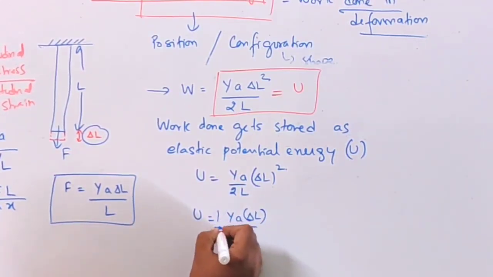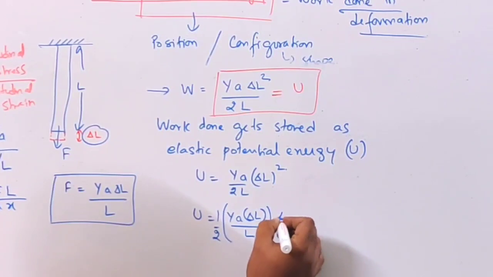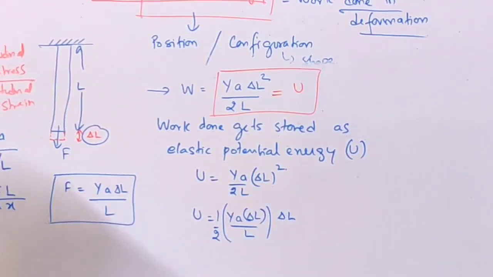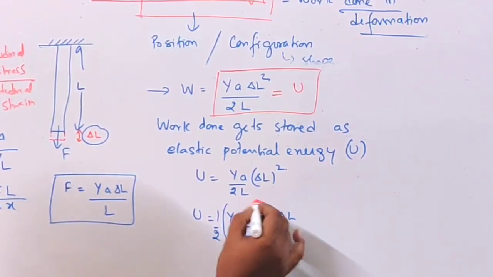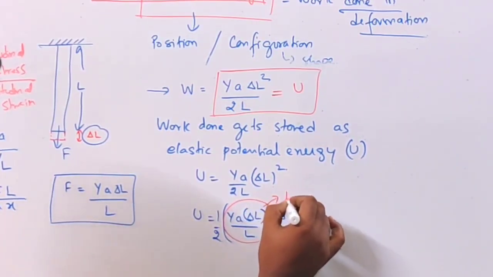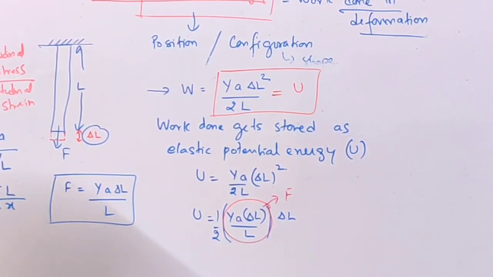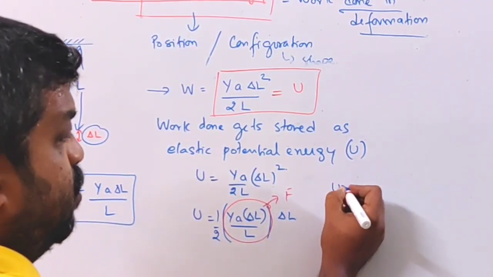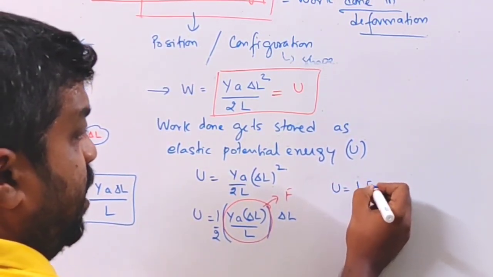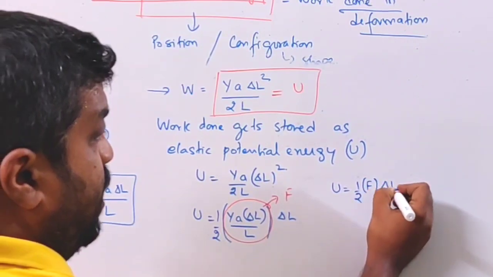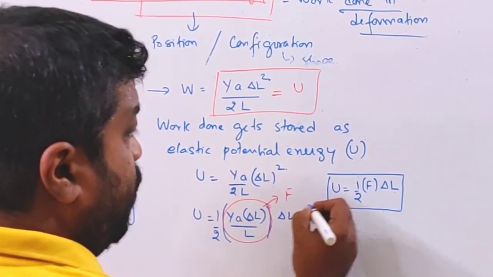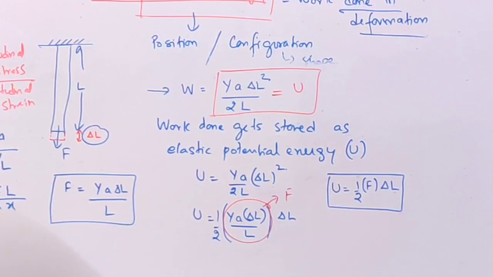So I can write this as one half, delta L, like this. Why am I writing it like this? Because this term can be replaced by force. So we have U is equal to half F into delta L. This is another form of elastic potential energy.